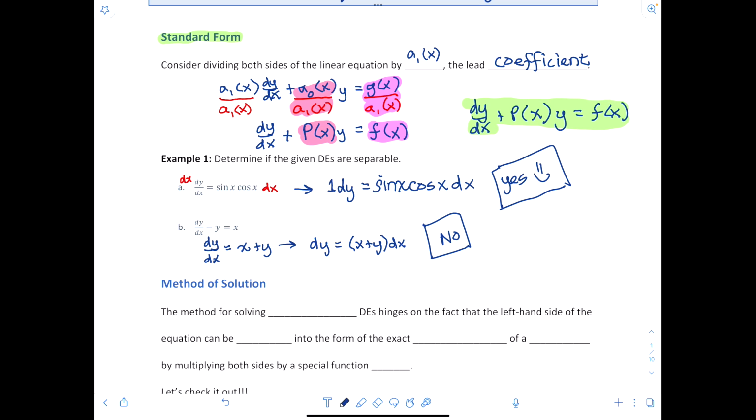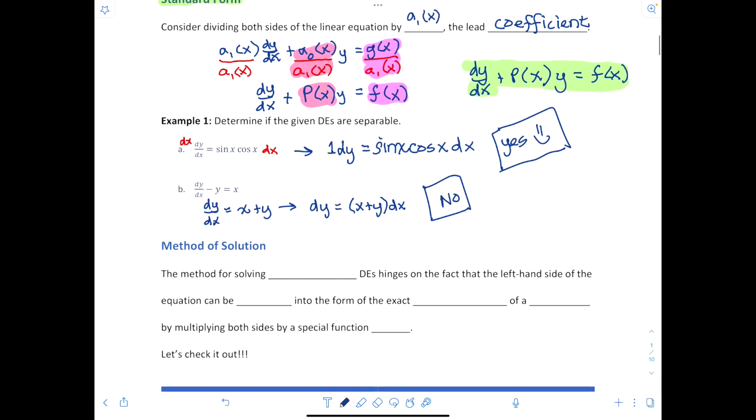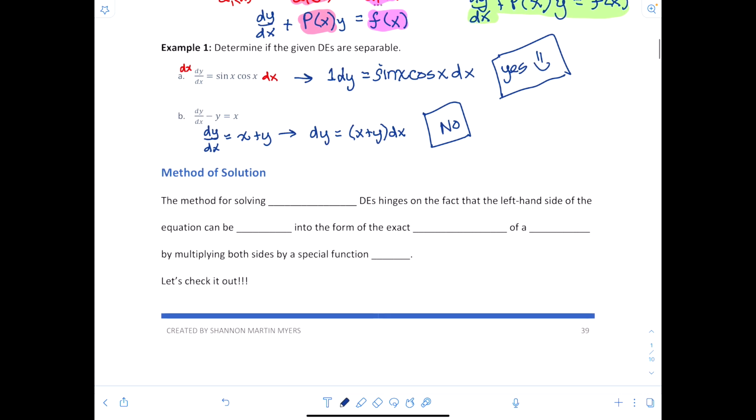All right, so, method of solution. The method for solving this linear differential equation, dy/dx plus p of x times y equals f of x, hinges on the fact that the left-hand side of the equation can be recast into the form of the exact derivative of a product.